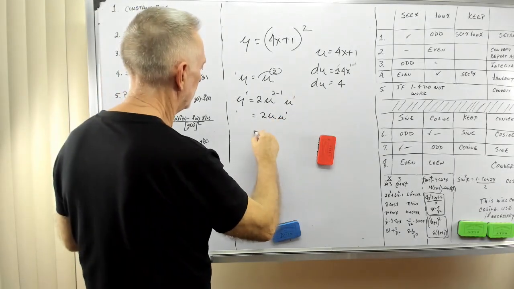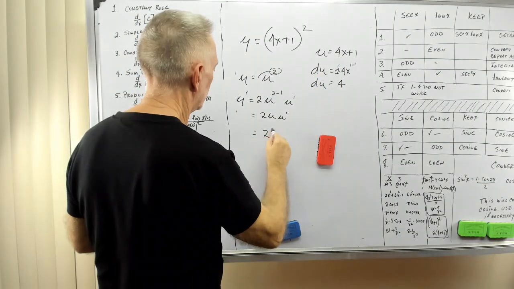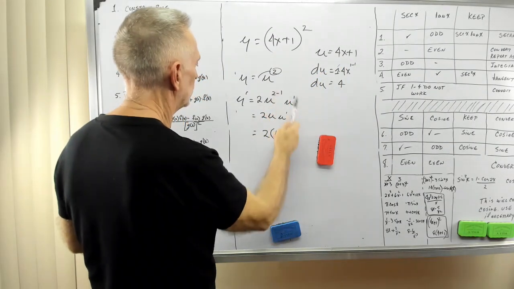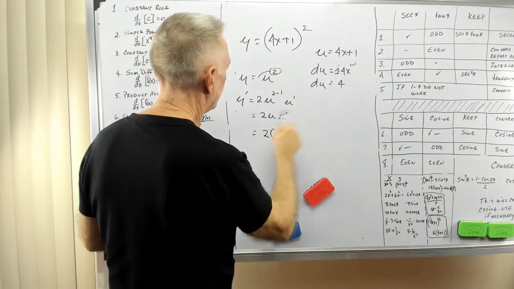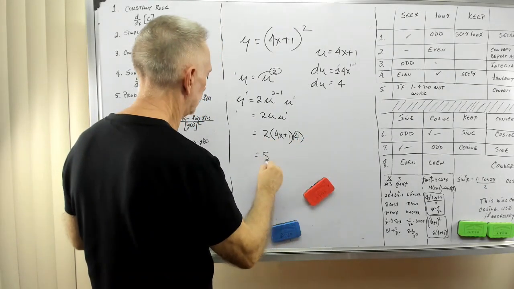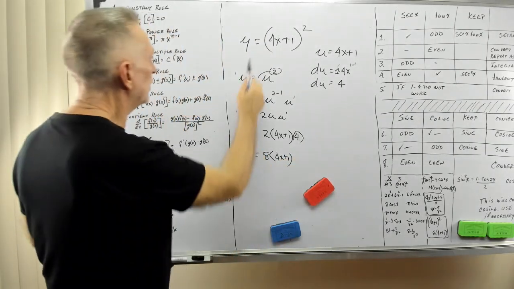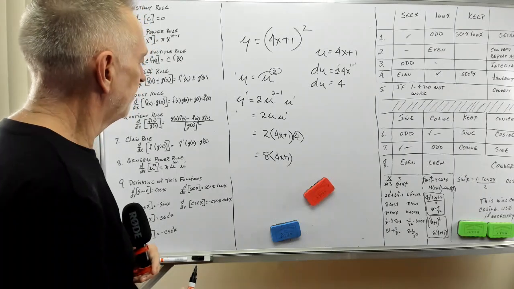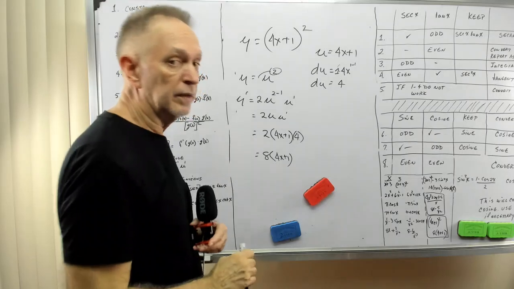All right, let's fill in the blanks here. That equals 2 u, which is 4x plus 1. 2 minus 1 is to the first power, times the derivative of u, which was 4. 4 times 2 is 8. So now we have 8 times 4x plus 1 would be the derivative of 4x plus 1 squared. So if you want to distribute that, it's 32x plus 8.